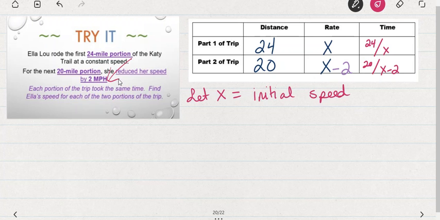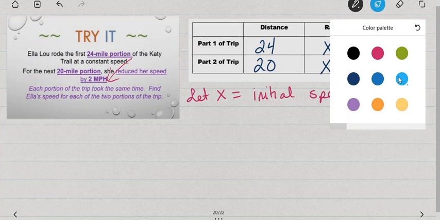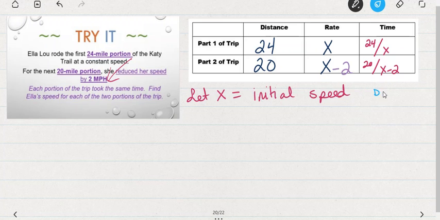What I know about distance, rate, and time, you're probably pretty familiar with: distance equals rate times time. What you might not have done as often is use the same formula to solve for time. Because you see, if I divide both sides by rate, that gives me that time is equal to distance divided by rate.